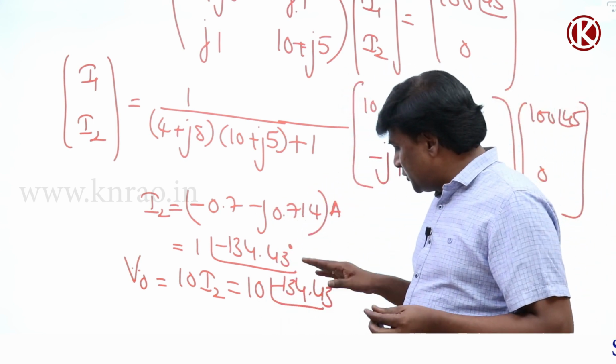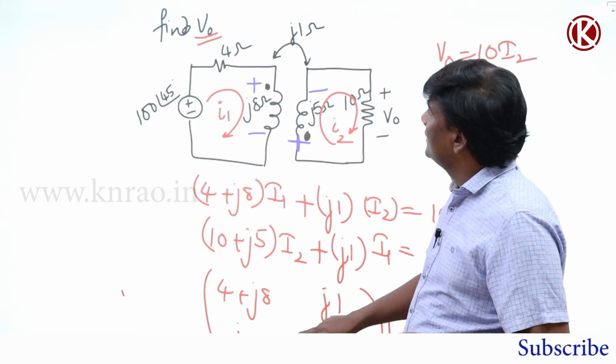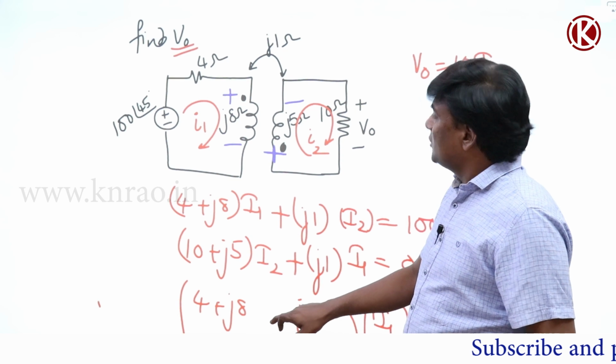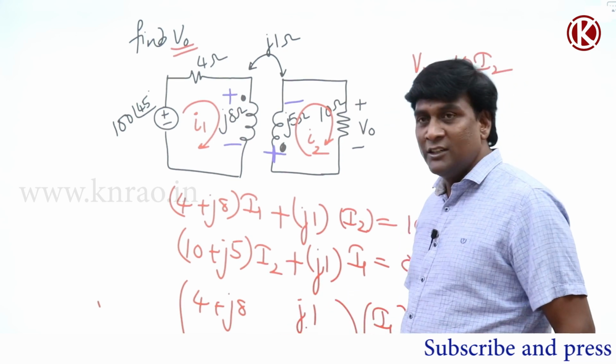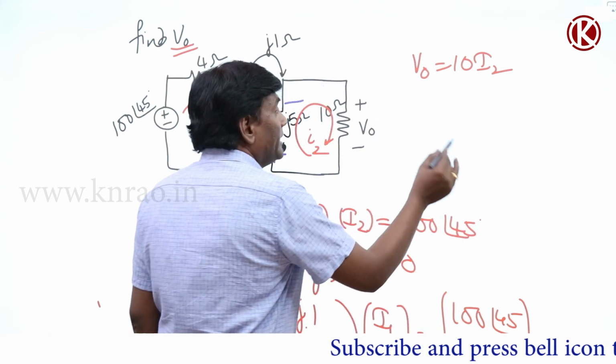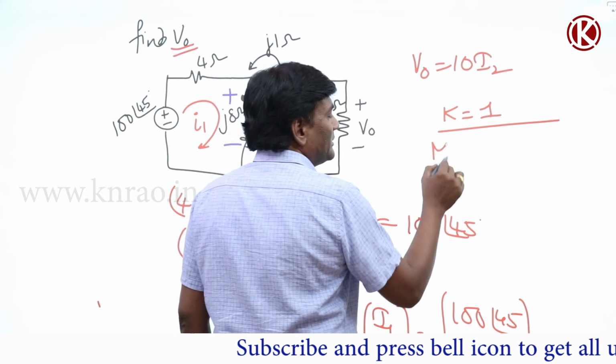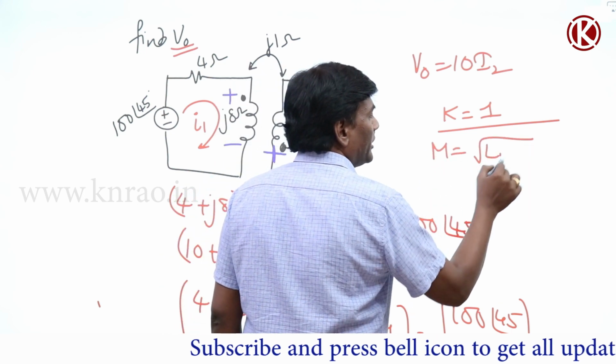If you calculate the mutual inductance here, for example, if I think of k equal to 1, how much should it be? In an ideal transformer k equal to 1. Under that condition M equals k into the square root of L1 L2.